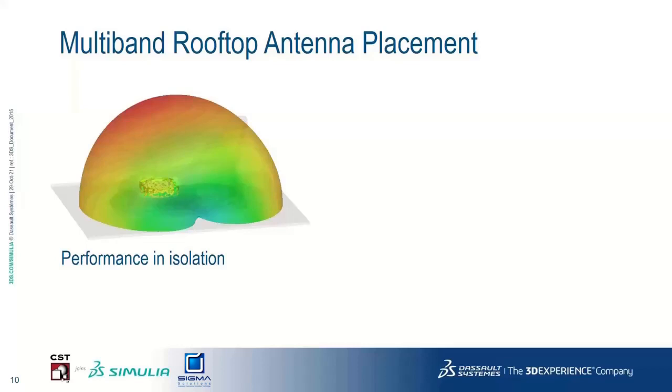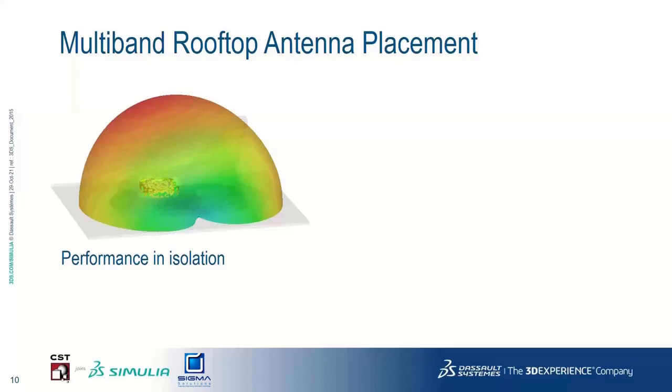Here we typically look at the radiation pattern, and very important, and this is applicable to all kinds of electromagnetic simulation problems: the more input you give into the simulation, the more accurate your result will be.